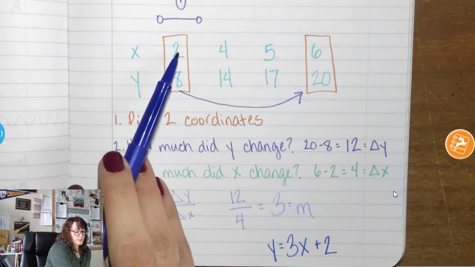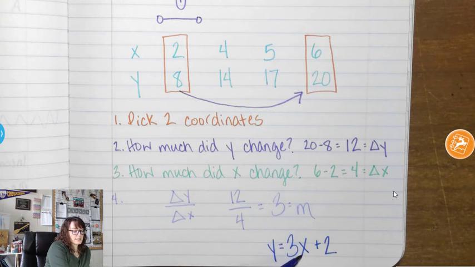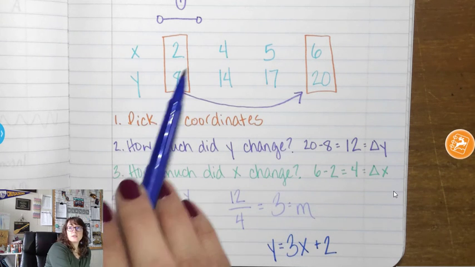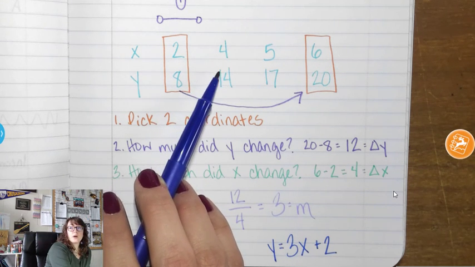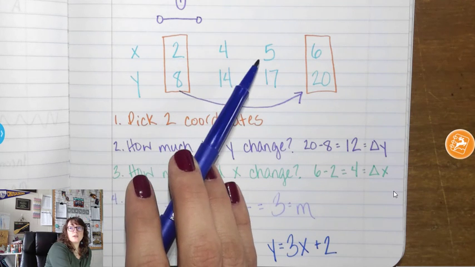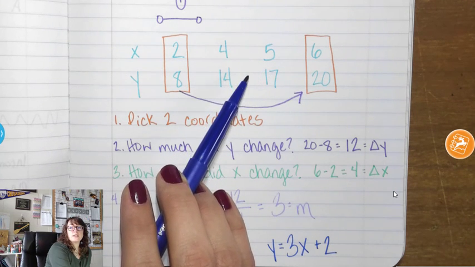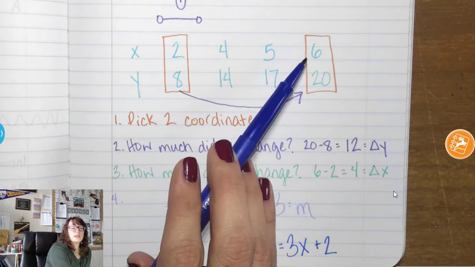Because 2 times 3 is 6, plus 2 is 8. 4 times 3 is 12, plus 2 is 14. 5 times 3 is 15, plus 2 is 17. And then we already did that one.